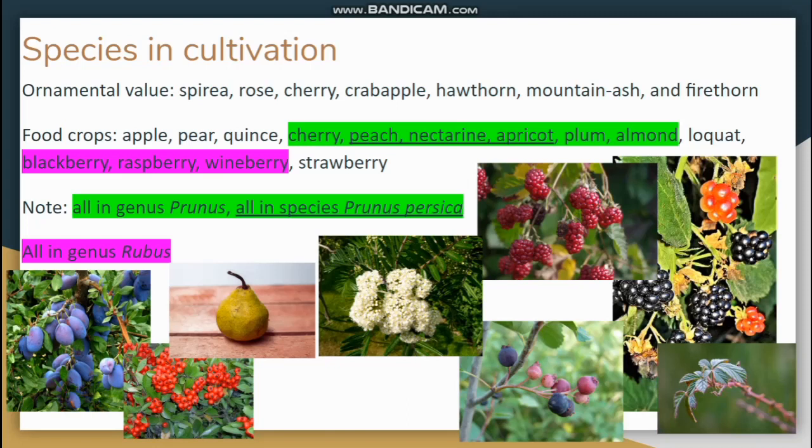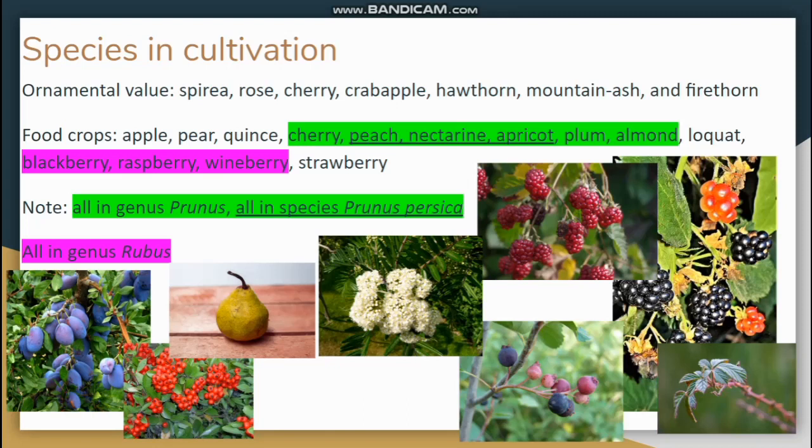Cuttings are not practical because they have low rooting percentage and are slow, and so the most common way of propagating things like apples and pears, and a lot of the families that we see from here on out, would be to have a seedling where you have the roots from a plant, and then you get the parent plant that you want your fruit to be like.